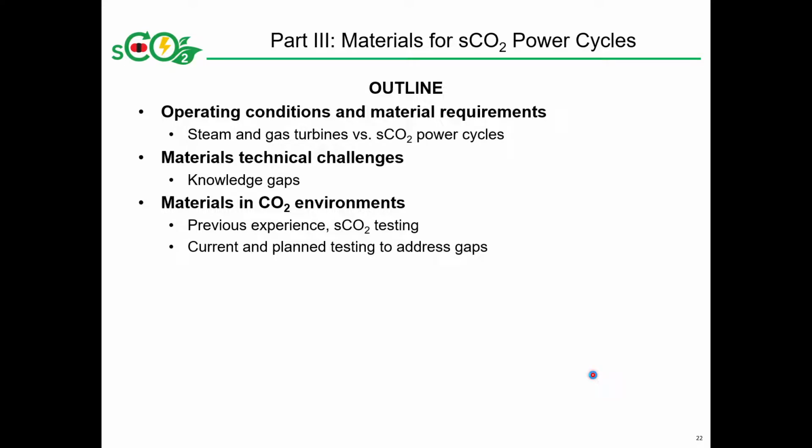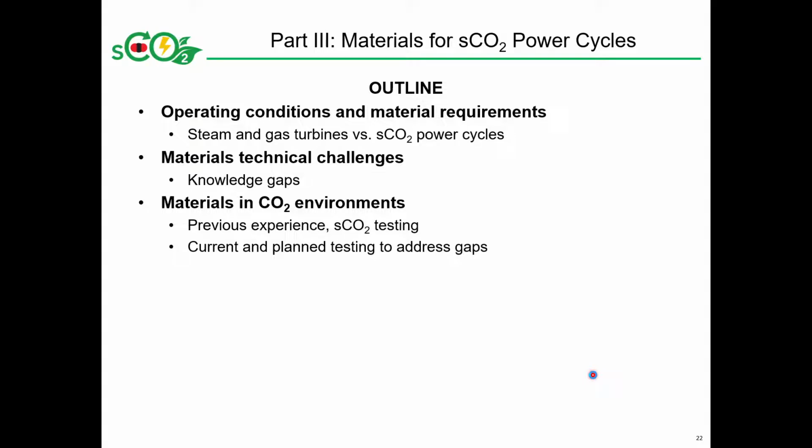In terms of a brief outline for this presentation, I will introduce you to some of the basic operating conditions and material requirements for steam turbines, gas turbines, as well as sCO2 power cycles. We'll identify some of the material technical challenges and the knowledge gaps that we've identified.